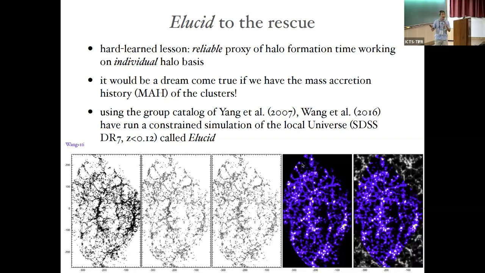I will not go into details of how they did it, but simply put, based on the group and cluster catalog from Yang, they were able to reconstruct the density field of the local Sloan volume out to redshift 0.12. And then with a clever way of rapidly exploring the initial conditions, they have found one configuration that by redshift 0 looks just like the Sloan volume.